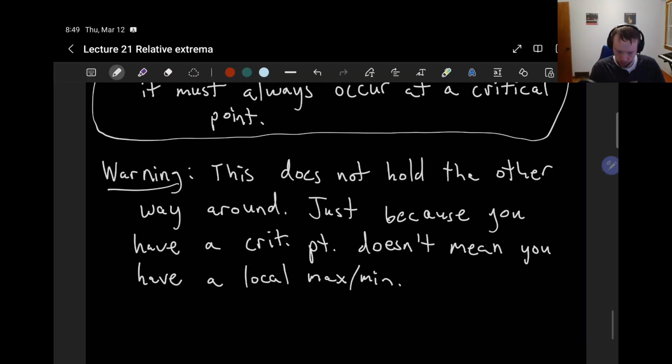But what can be useful is to think of these critical points as candidates. So they're potential relative extrema, but they might not be actually those things. But they're your candidates.